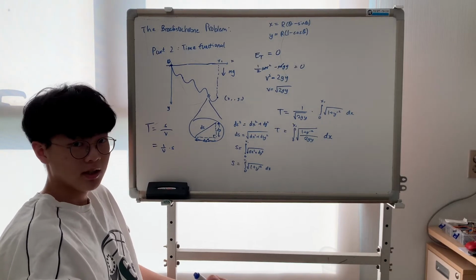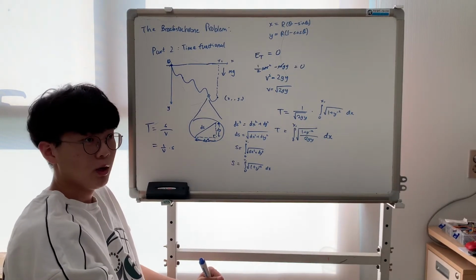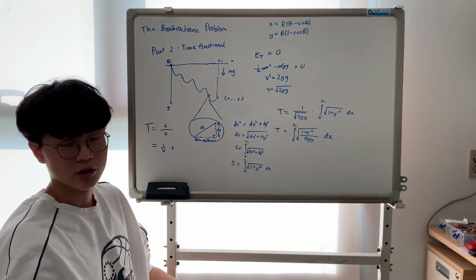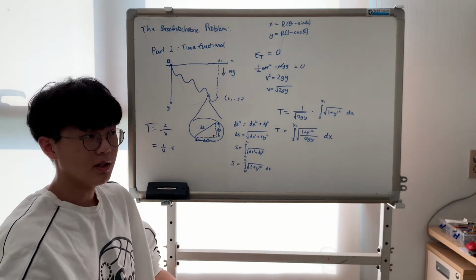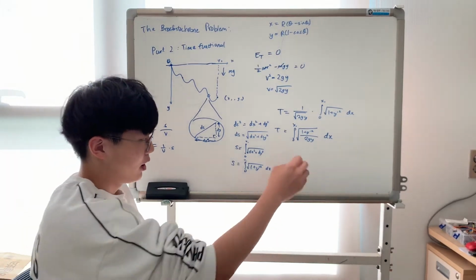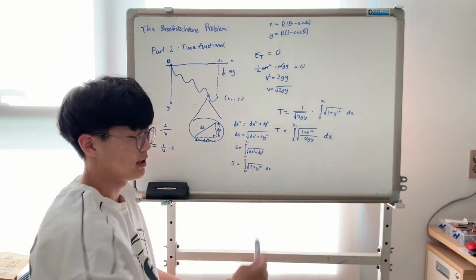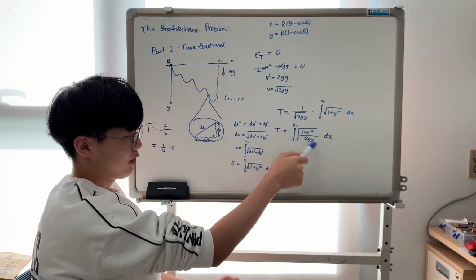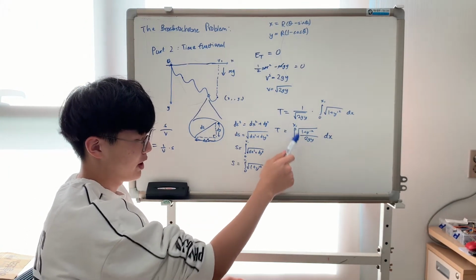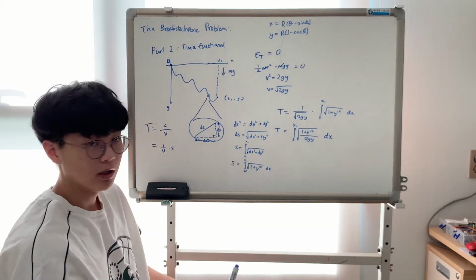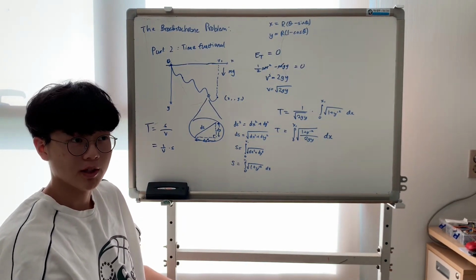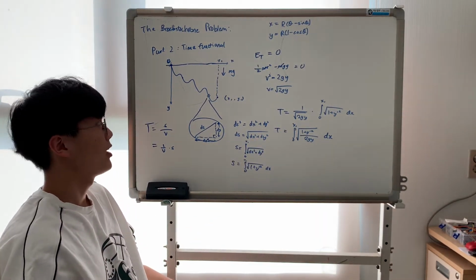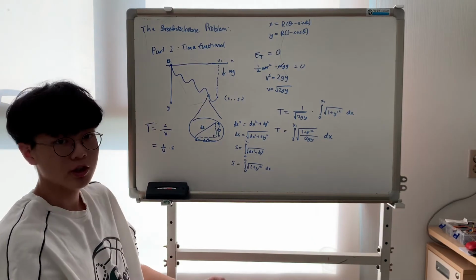But before we do that, we're going to convert the form of the Euler-Lagrange equation into something that is going to be easier when we are dealing with a functional as complicated as this, because this functional is going to be really hard to integrate. We have to convert the Euler-Lagrange equation into something simpler so that we could apply this. And that's what I'm going to do in the next part of the video, which is going to be part 3.